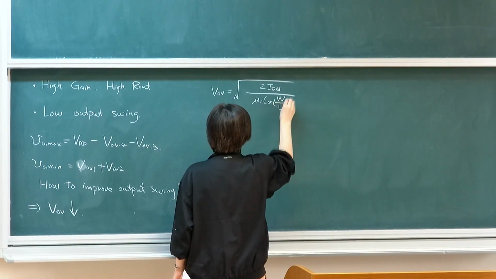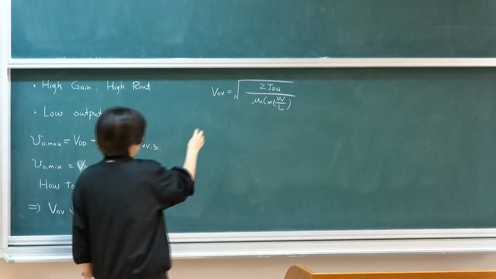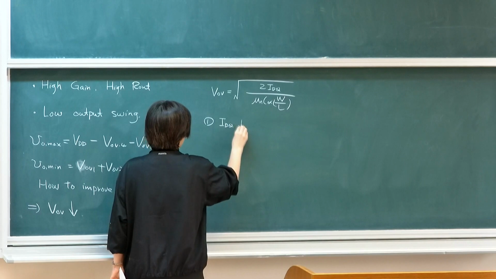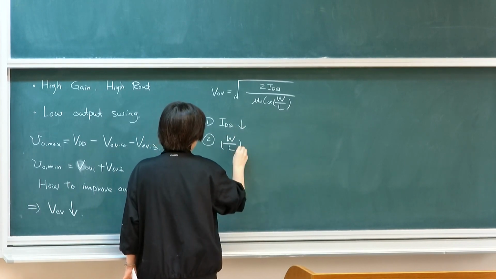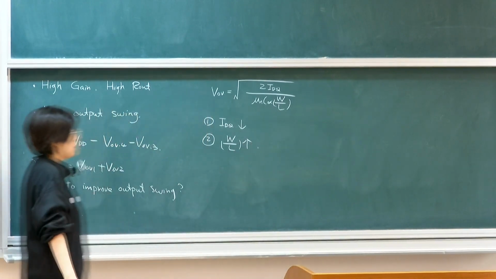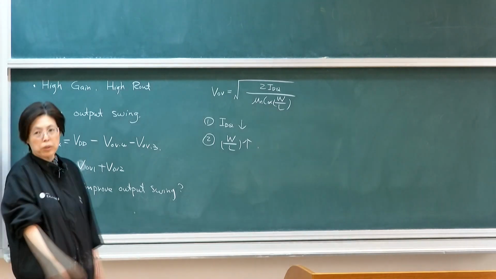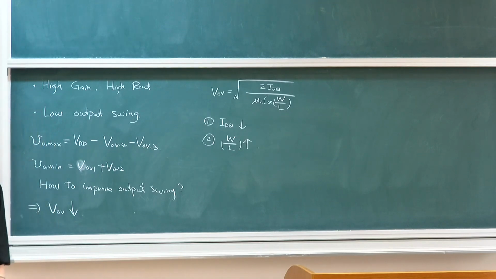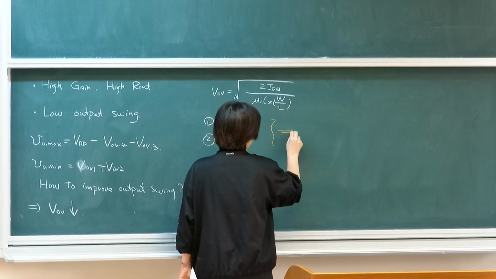So as a designer, what you can do is to first look at this. You can reduce IDQ. Second, you can increase W/L. But then both of them will lead to a problem which we will not discuss yet, but we're going to discuss that in chapter 11.